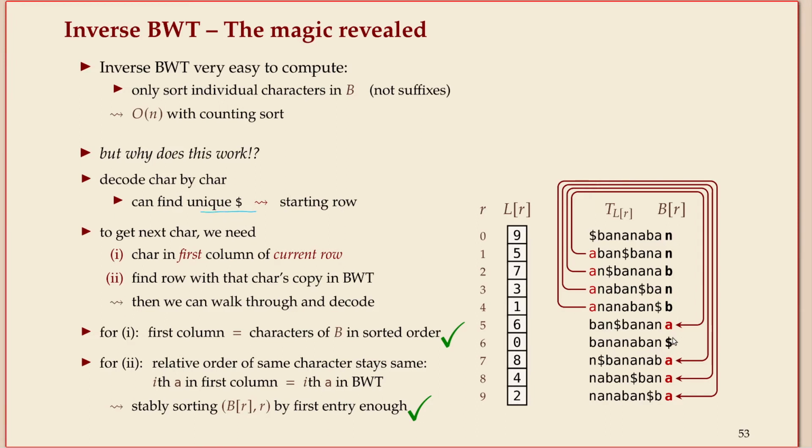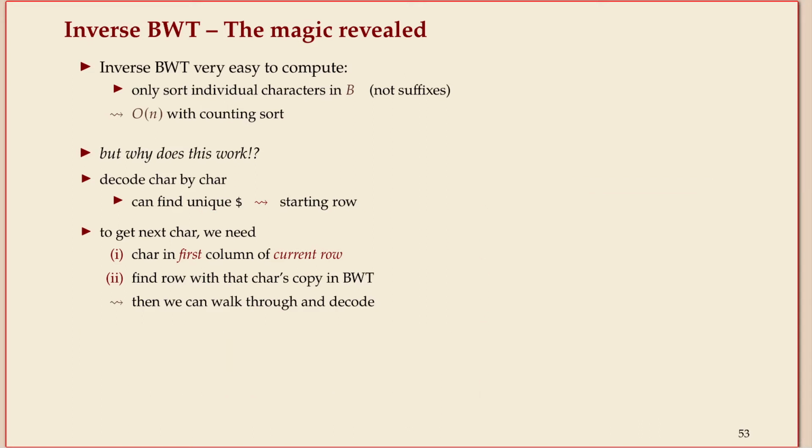So we find the unique position of the dollar sign in the BWT. And because that's where the dollar is the last symbol, we know that this is the first symbol. So if we take the position where the dollar is, that's the starting row in the sorted list of suffixes, cyclic shifts.